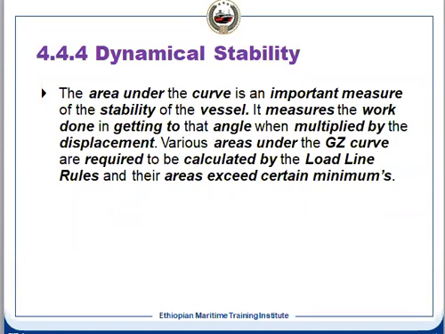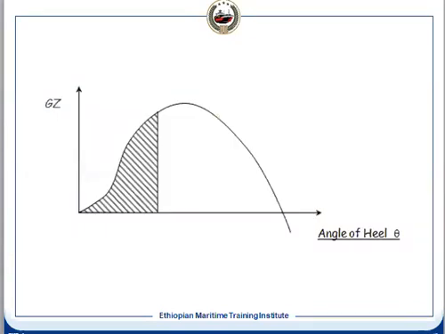So that is the static and dynamic stability. Under this GZ curve, GZ against angle of heel, we find the area and multiply by delta to find how much work is required to get that angle. Suppose we want the angle up to here, this angle we want. So this much work has to be done.